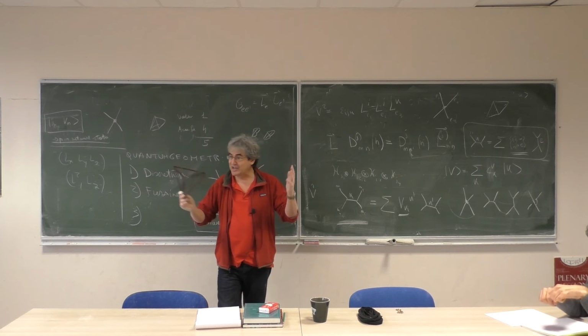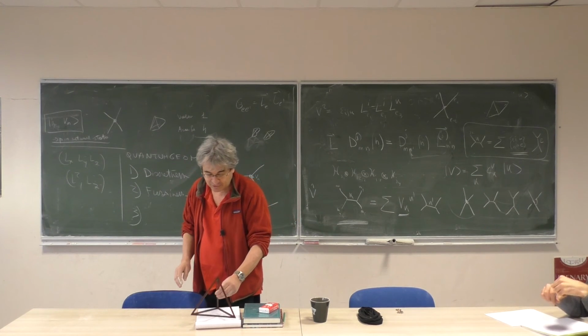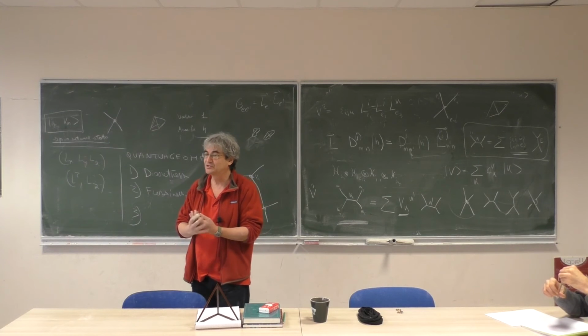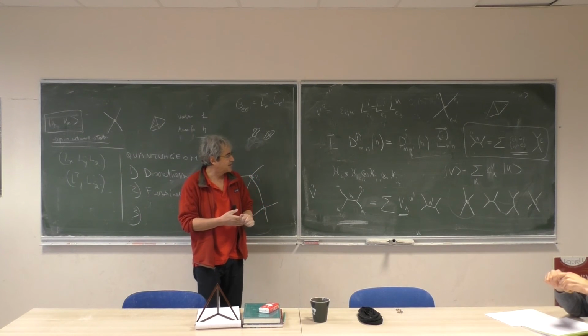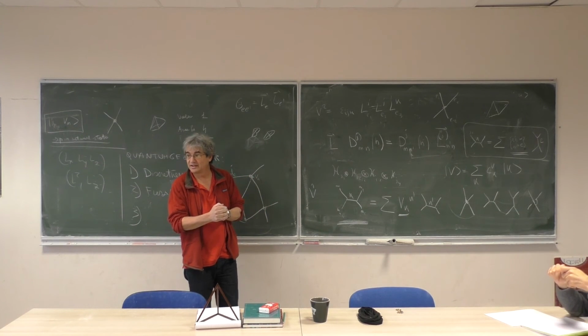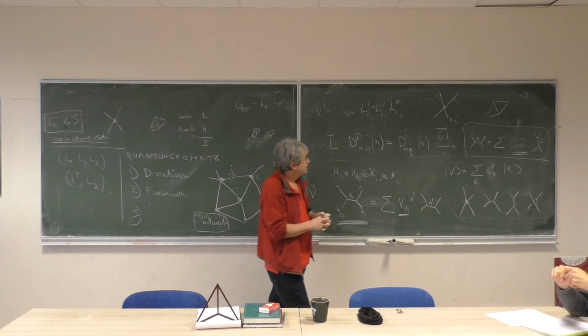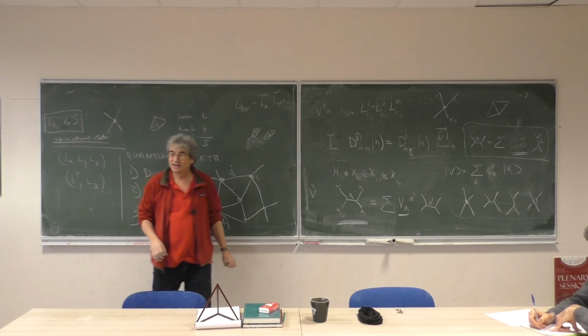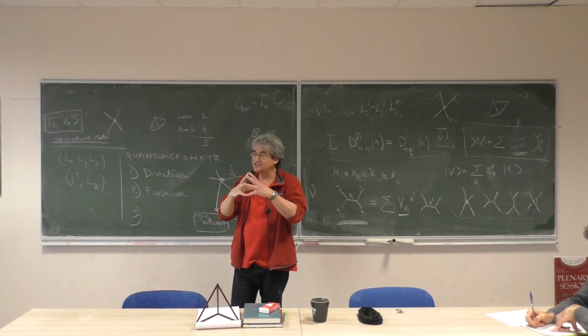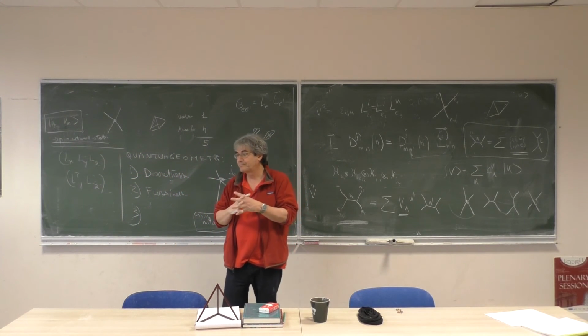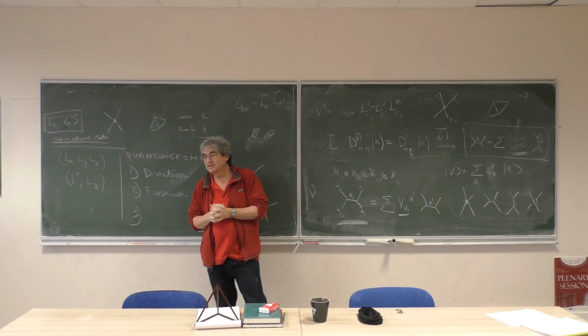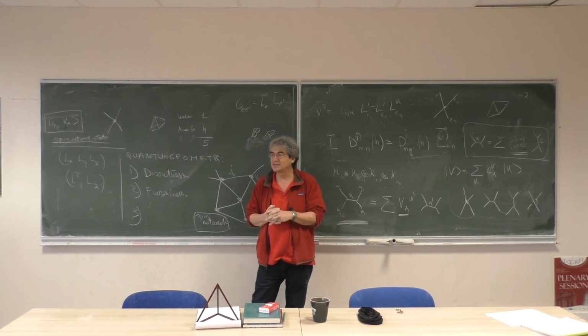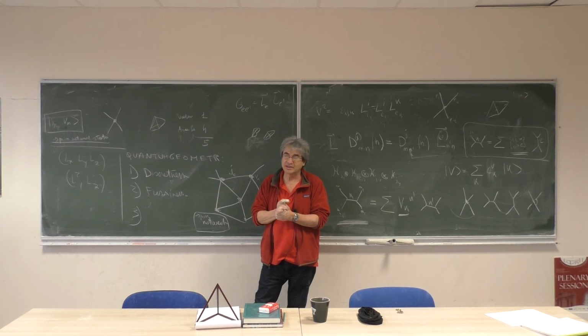There's a big amount of work, Simone has contributed enormously to that, of coherent states, a linear combination of these things, which represent a classical geometry at best as possible. And there is an independent way of constructing coherent states, which was developed in Germany by Thomas Thiemann, his friends, and so on.